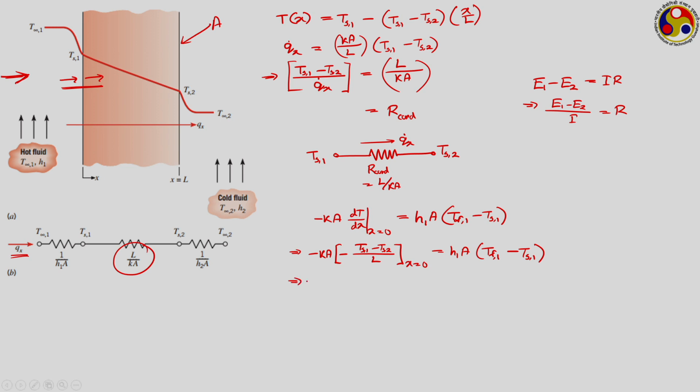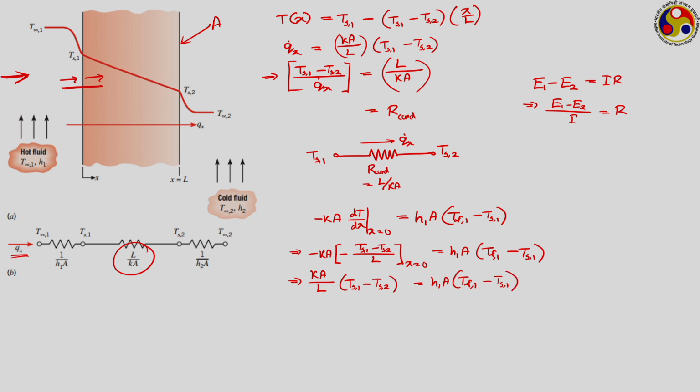So, we can now rearrange this entire equation. So, we have K A upon L into (T s 1 minus T s 2) equal to H1 A into (T infinity 1 minus T s 1).